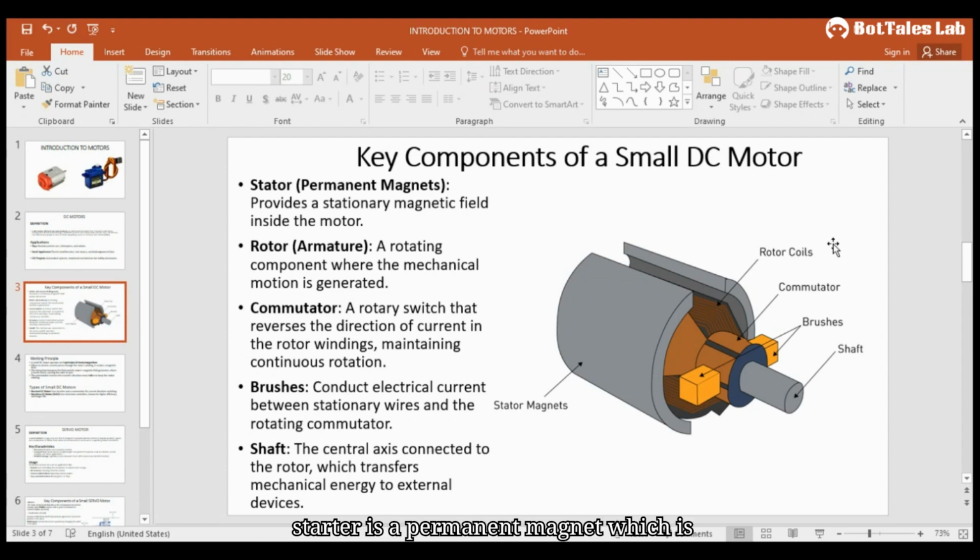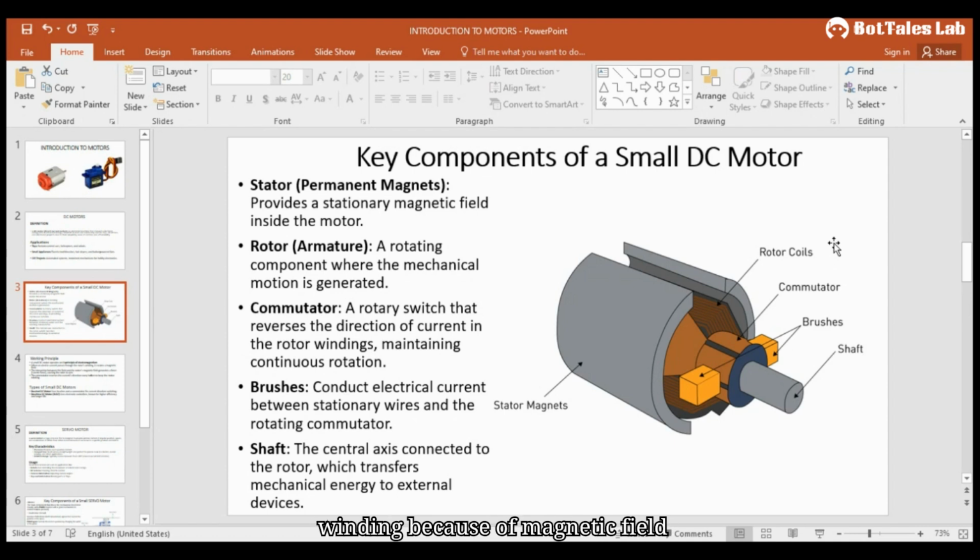Basically, the stator is a permanent magnet which is used to produce a magnetic field which helps in the rotation. This magnetic field helps in the rotation of a rotor, which is called the armature. The armature is made up of many turns of copper wire that is called winding.